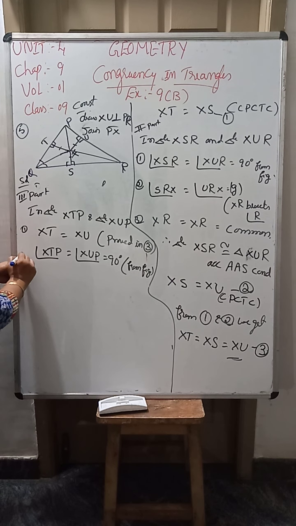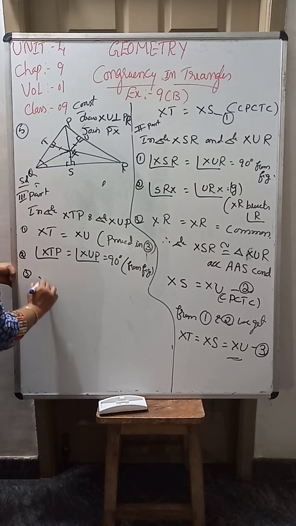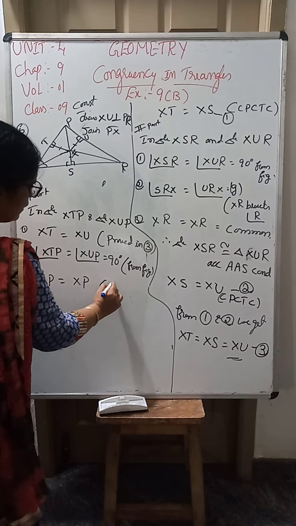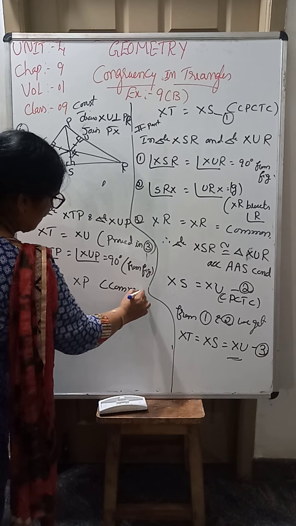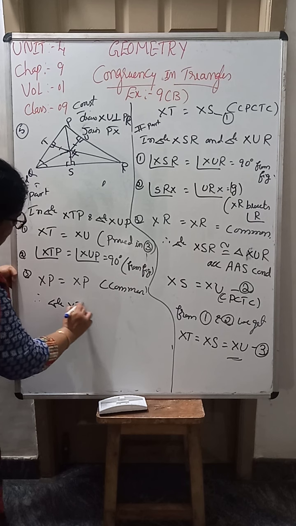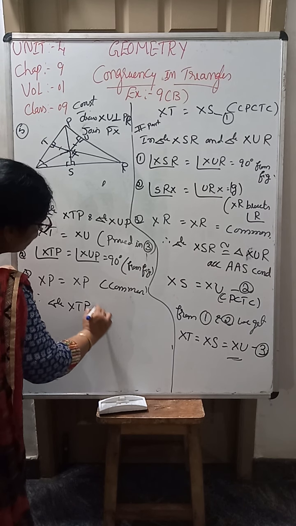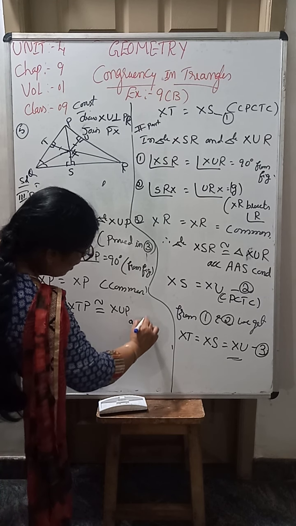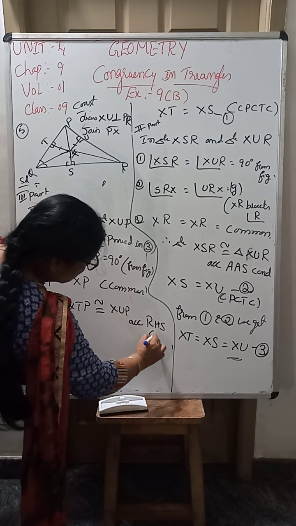Now XP is equal to XP, common. Therefore, triangle XTP is congruent to triangle XUP according to the RHS condition.